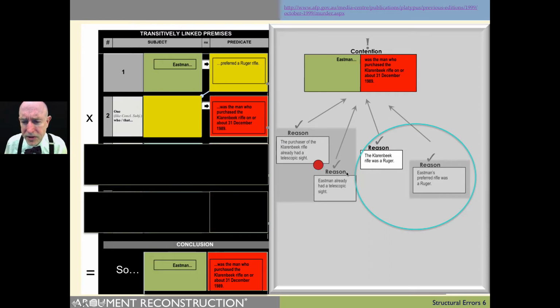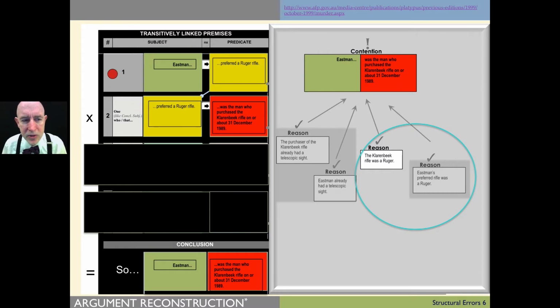Well, I can tell if this is the only piece that's left, and it doesn't have a relationship to Eastman, I know that this isn't going to fit into the inferential link, so I can move the predicate phrase of my conclusion up to here, and again have a 2-premise line of reasoning, and then I take the predicate phrase of one premise and put it in position as the subject phrase of the next premise.